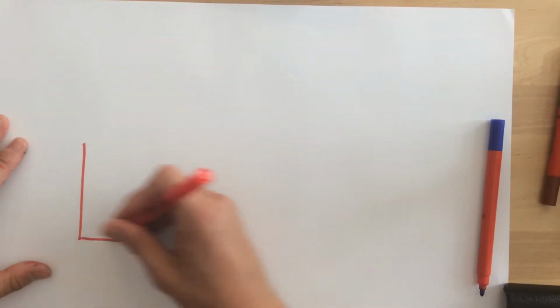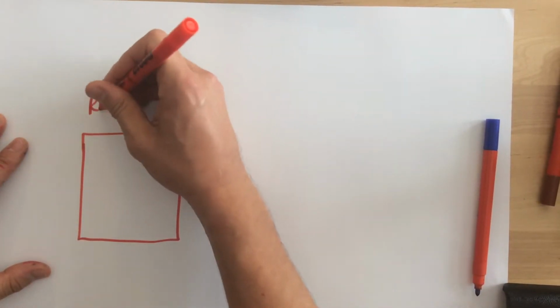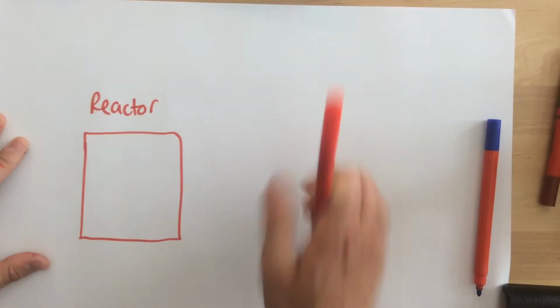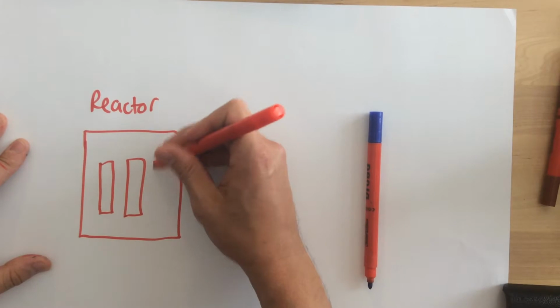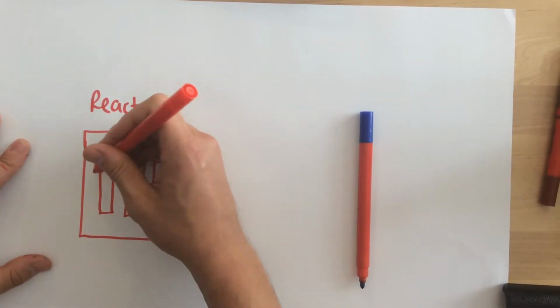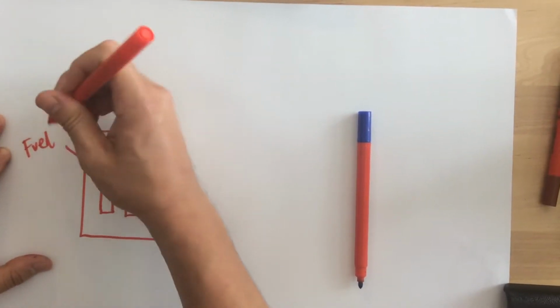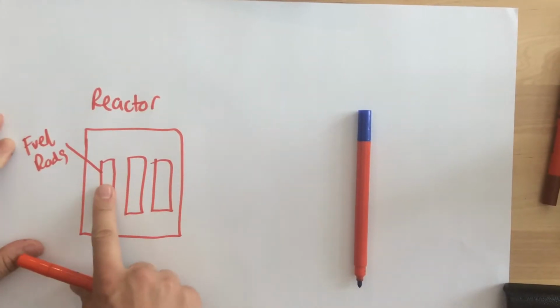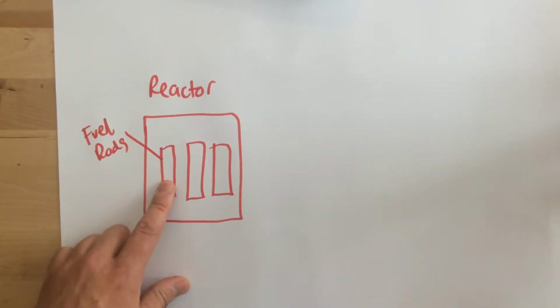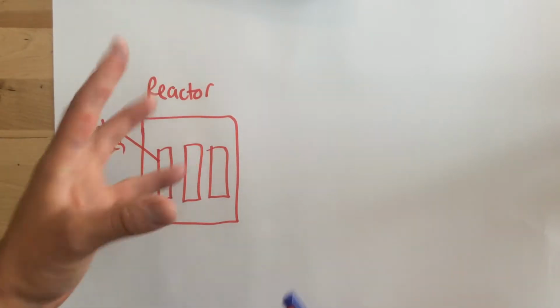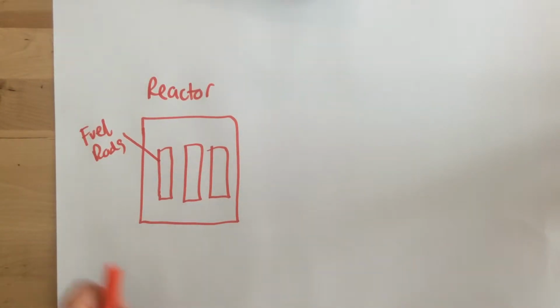First of all, we have a reactor. Now, the reactor is where we have these uranium fuel rods that we were just looking at a second ago. So this is where all of our fission reactions are happening. So lots and lots of energy is being released.